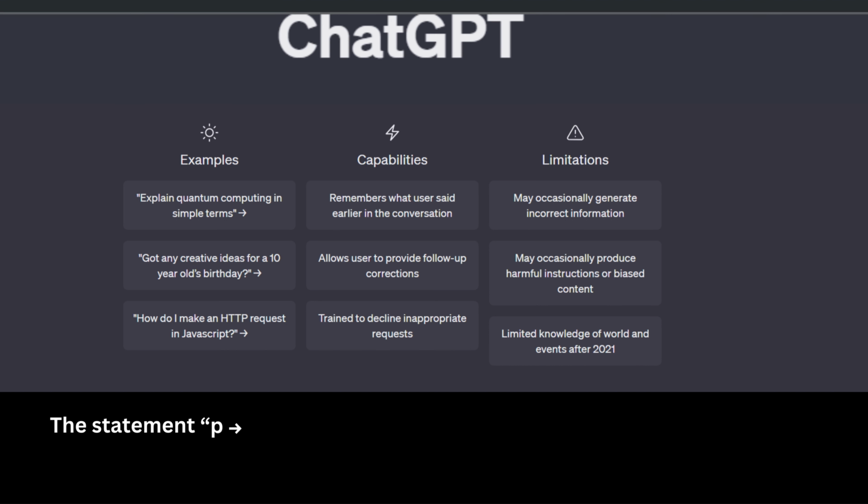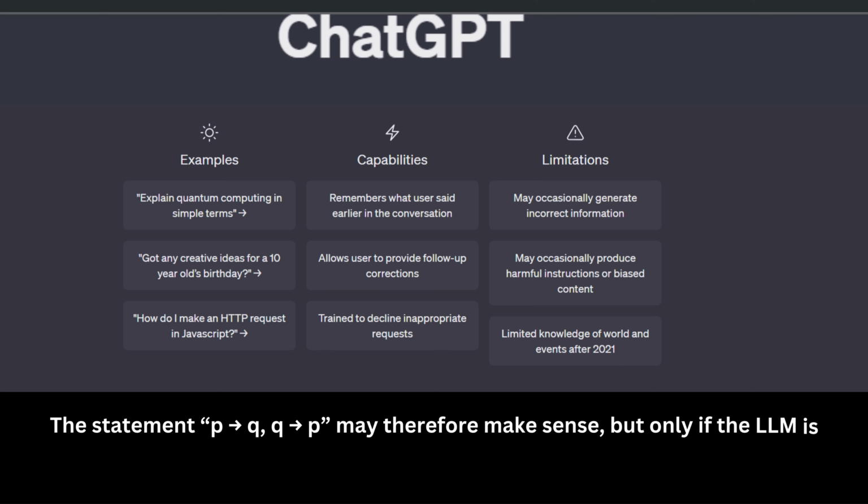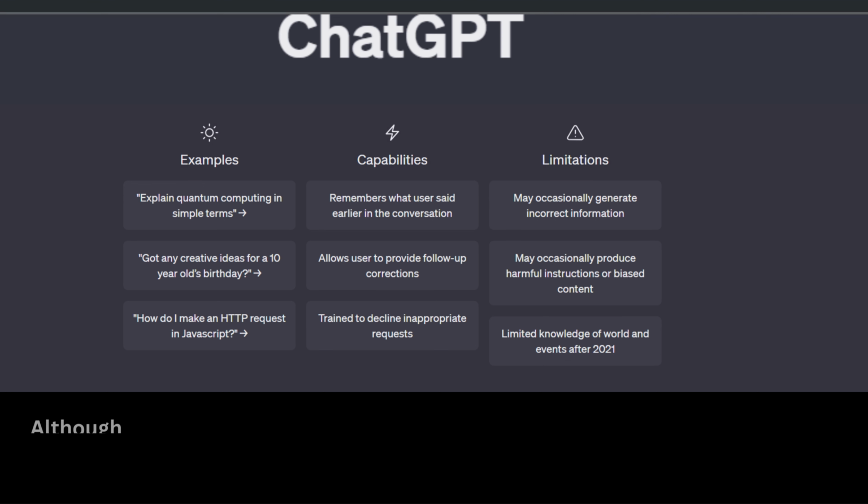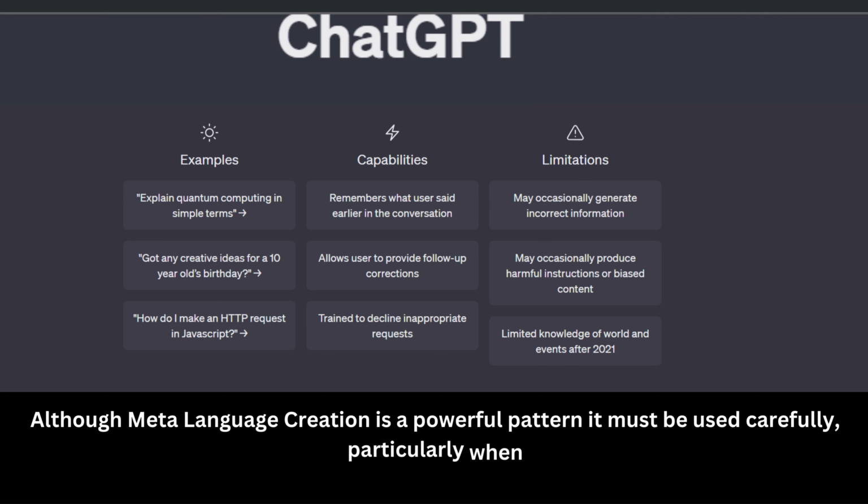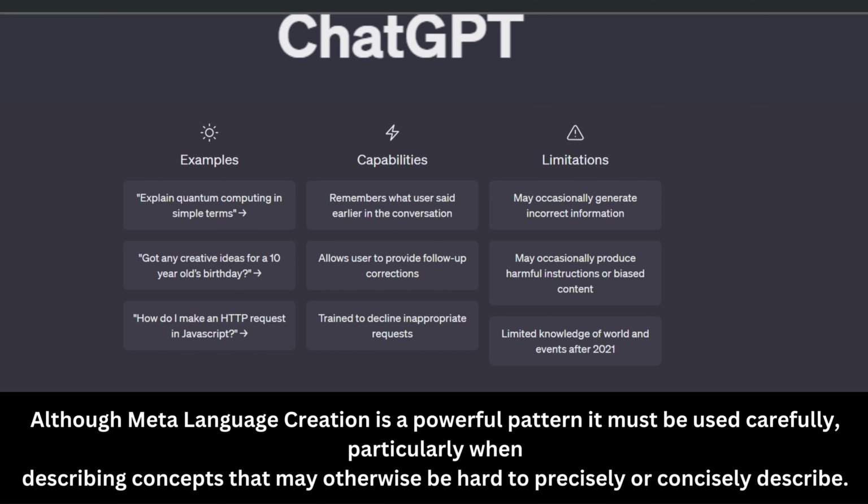The statement P Q, Q P may therefore make sense, but only if the LLM is given the appropriate context through a meta-language creation prompt. Although meta-language creation is a powerful pattern, it must be used carefully, particularly when describing concepts that may otherwise be hard to precisely or concisely describe.